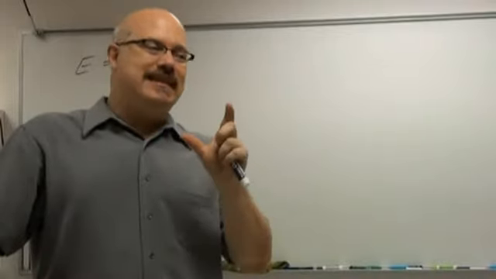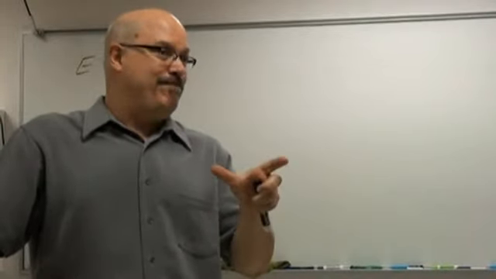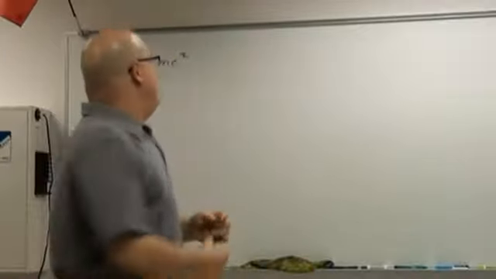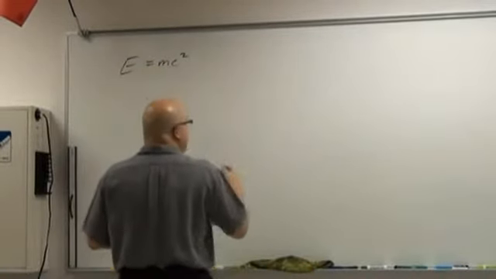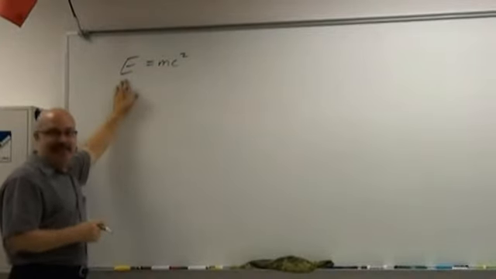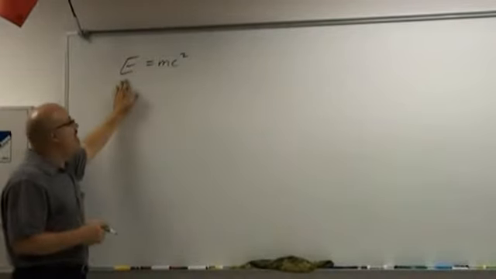That mass is technically a form of energy. Well, it's like coagulated energy, right? In the form of mass. And he said that mass has energy in it. And this is how much.